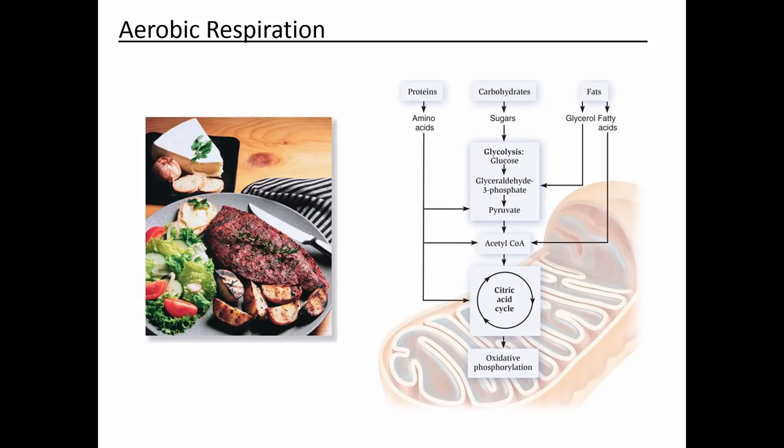When we discuss aerobic respiration, we're going to break it down into 4 stages. The first stage is called glycolysis. The second stage is called pyruvate oxidation.